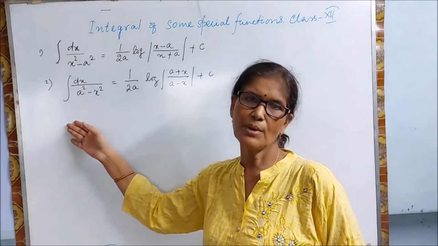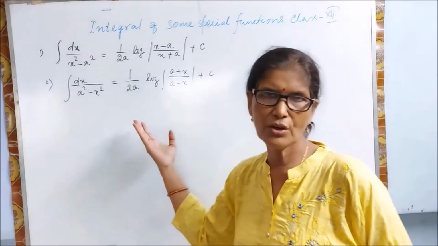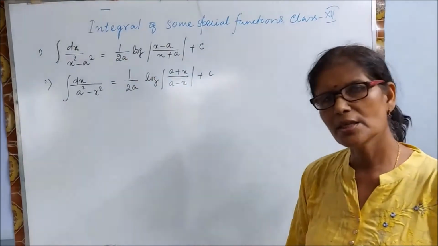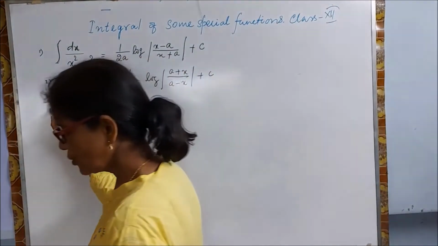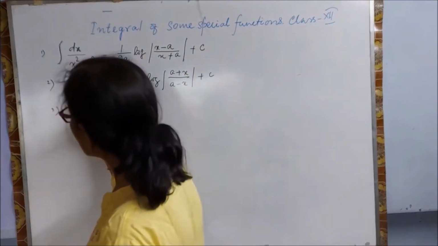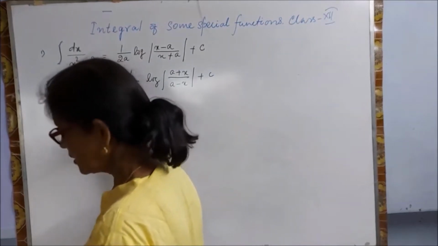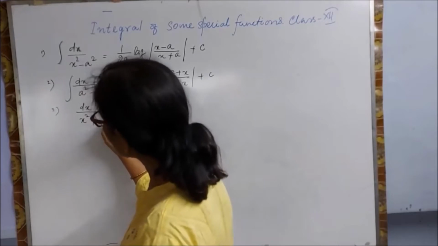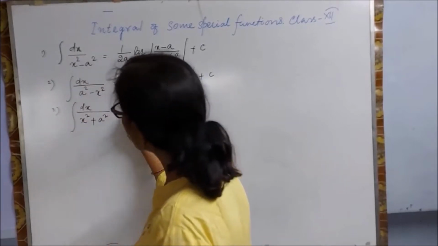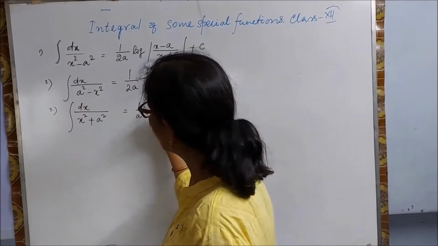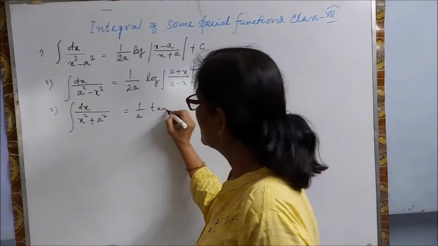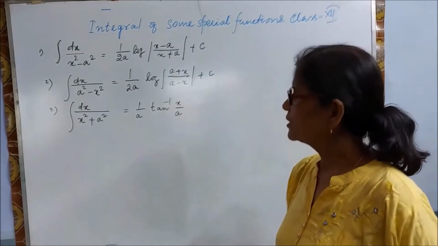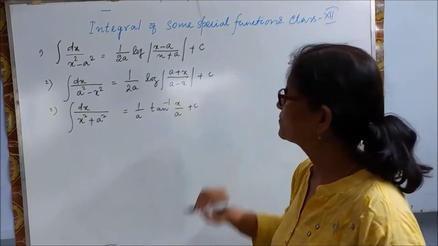I can take minus outside, so we can also write this as minus of 1 by 2a times this. They are the same. Next, number 3 is dx by x square plus a square. This is equal to 1 by a tan inverse x by a, of course plus c.